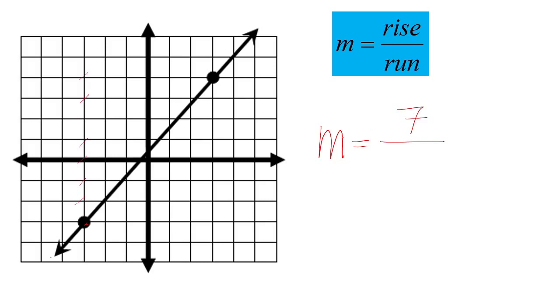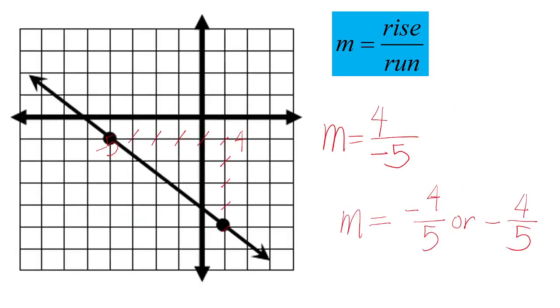Okay. What about the running? 6. Is it negative 6 or positive 6? Positive. 1, 2, 3, 4, 5. Positive 6. Is this your final answer or ma-simplify pa ni siya? Final answer. 7 over 6.